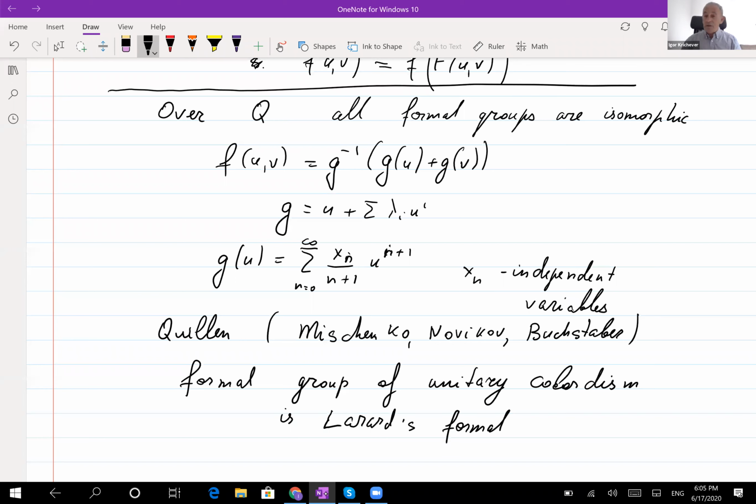So actually there is a realization of this universal group in terms of the formal group associated with unitary cobordism theory. Okay.